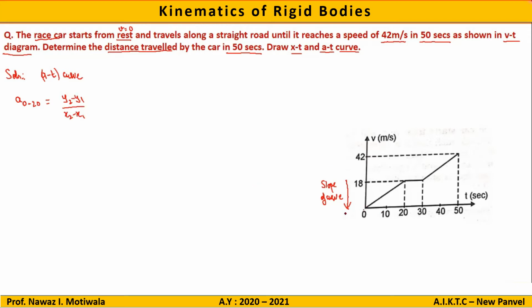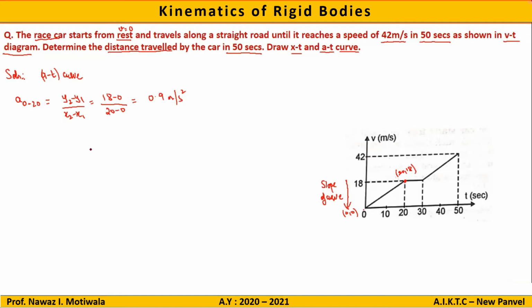My first point has coordinates 0, 0 and my second point has coordinates 20, 18. So y2 minus y1 will be 18 minus 0, divided by x2 minus x1, which is 20 minus 0, and I will get the answer as 0.9 meter per second square.